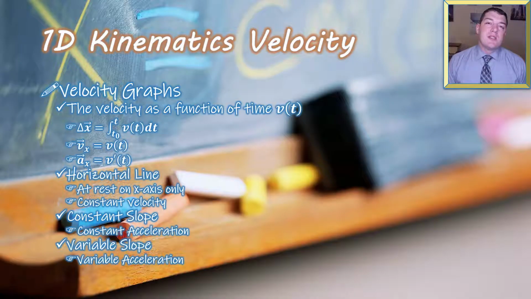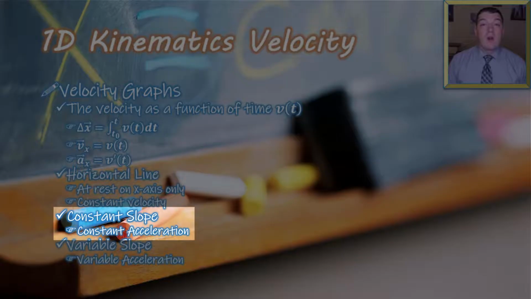Another feature of a velocity-time graph is whether you see a linear or curved shape in it. A linear velocity-time graph, horizontal in one case, means it's constant, or at an angle means it has a constant slope. That represents a constant acceleration. So when we have a velocity graph that's linear, either the acceleration is 0 or the acceleration is a constant value along that line, which we can find by finding the derivative, or the slope of that line.